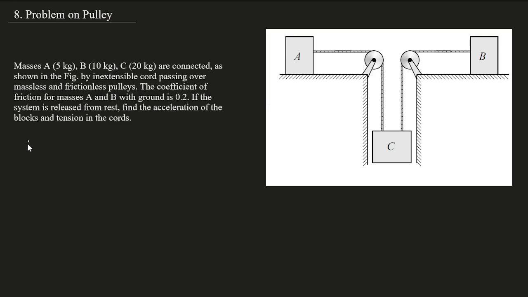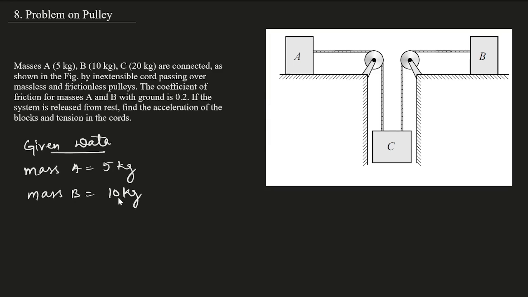Okay, so first we'll write the given data. Mass A is 5 kg, mass B is 10 kg, mass C is 20 kg.